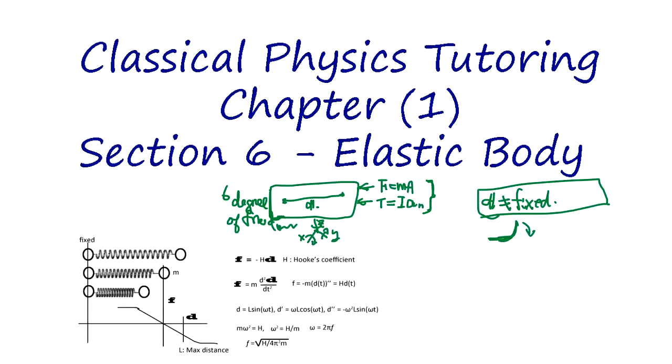then it snaps back. Okay, and the ideal elastic material means when it's bent or stretched or shrunk or twisted, it goes back to the original shape. That's the ideal elastic body. Well, if it doesn't go back to the original, like a plastic, you bend it, then it's just bent.